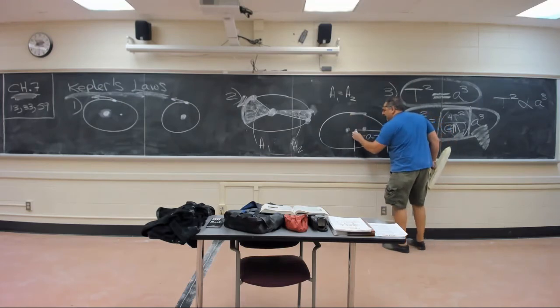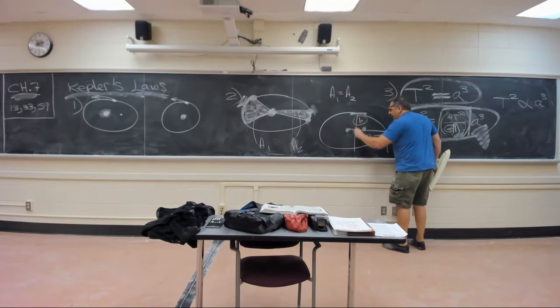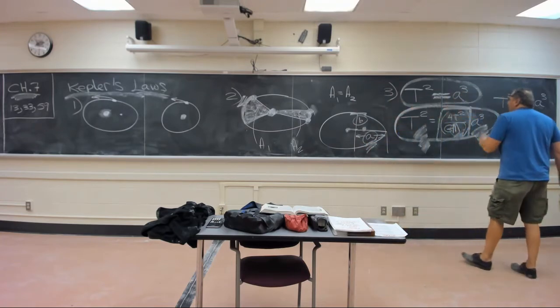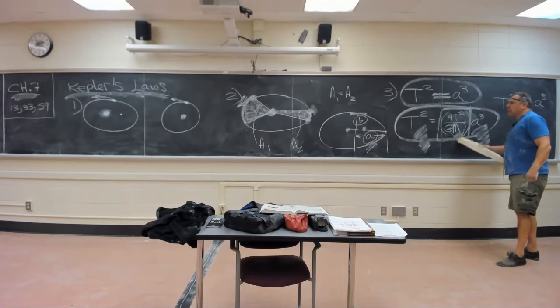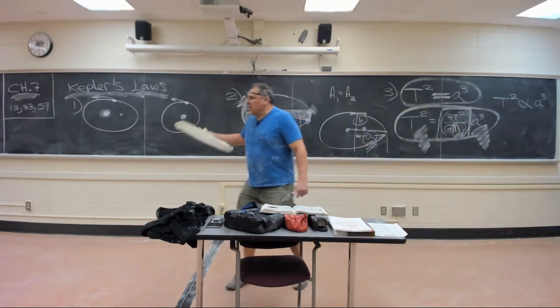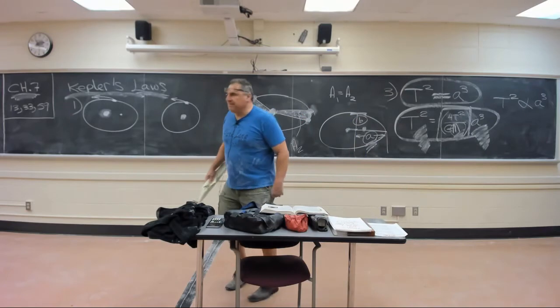The semi-minor axis is from the center to here, and that's B. That's the semi-minor axis, but this is the semi-major axis right there. Well, let's take a look at 3. Let's prove it, and then let's do some problems, and we'll take it from there.